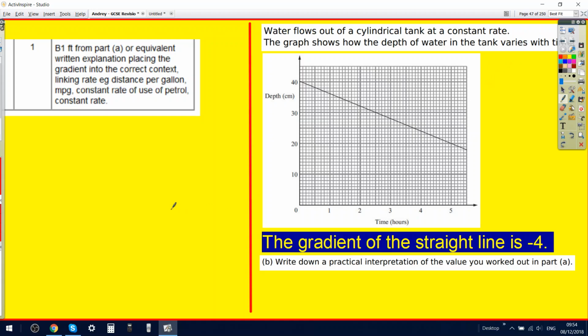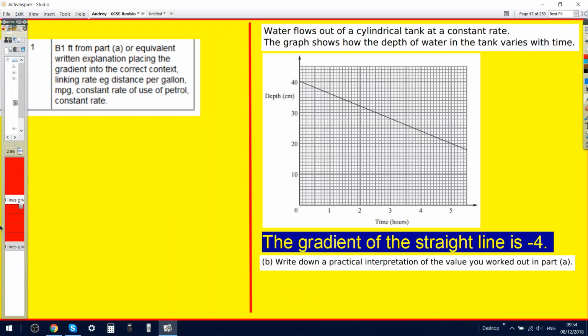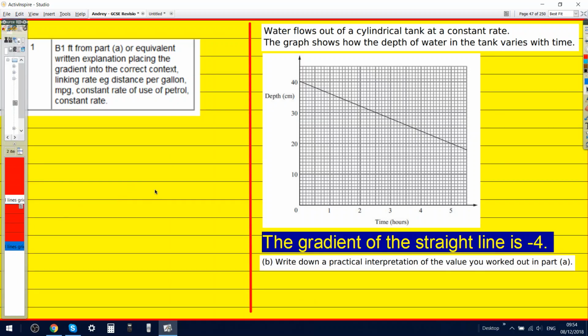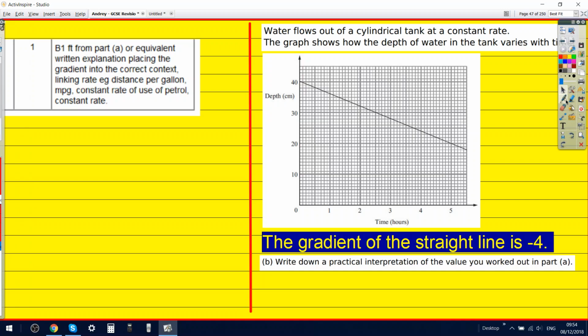Okay, how about the one on the right? So would you say the amount of time?